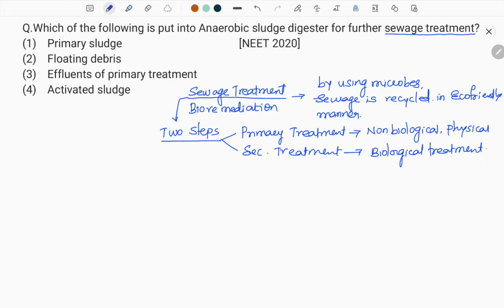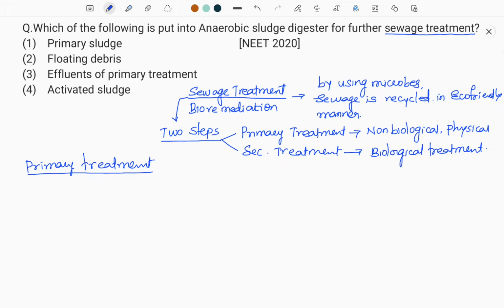So what is this primary treatment? Primary treatment is the physical removal of small pebbles, stones, or any other objects that are bigger in size and can be handled very easily. I told you primary treatment is just physical treatment. In this primary treatment, basically two steps are there.